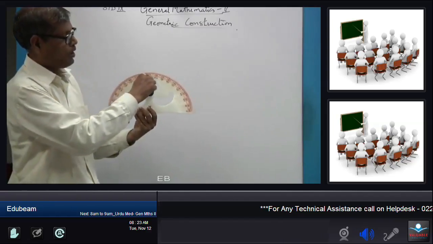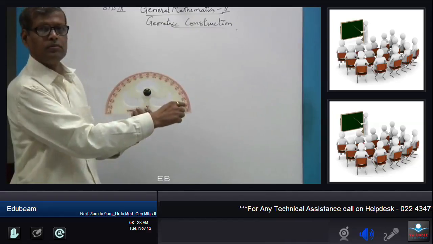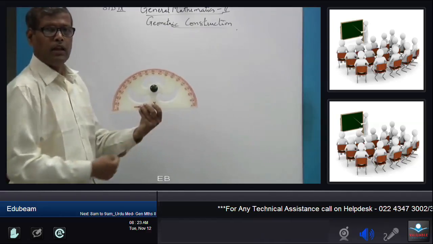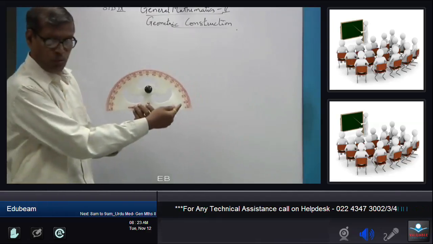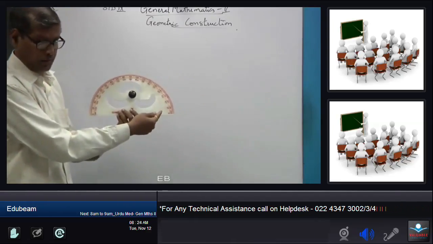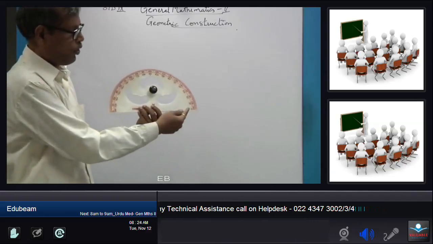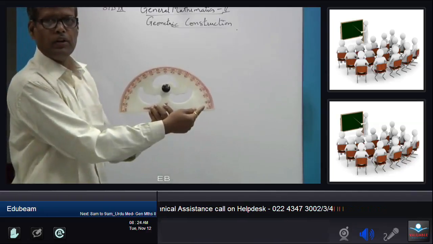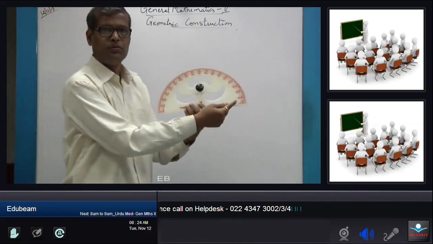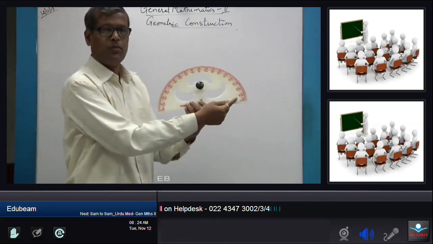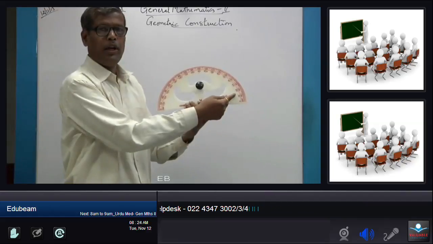The third one, what you are going to use is the compass. Now here, this is a model. I am not using exact compass here. I am putting a pen, the marker pen, which is to be put on the spot.